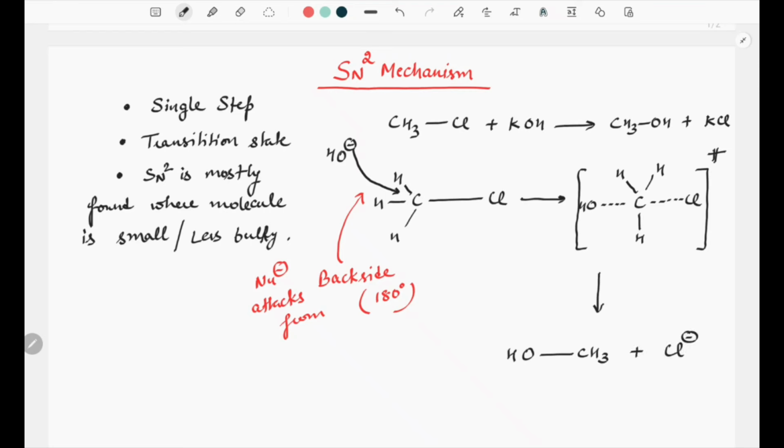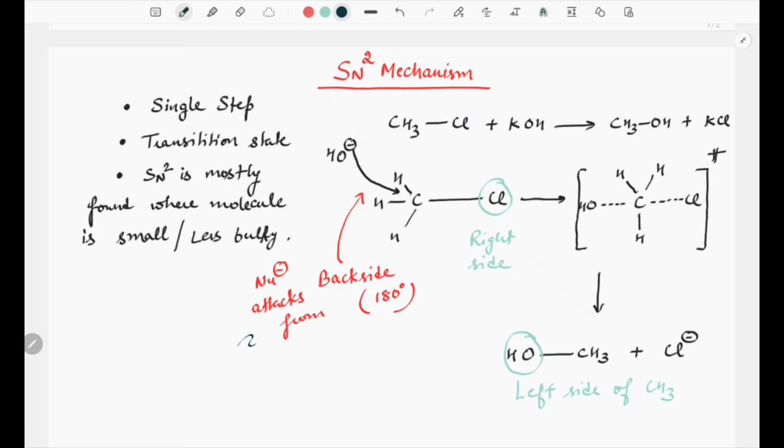Now one thing you can note is, now OH and Cl are placed on opposite sides. Cl is on the right side of the reactant, whereas in case of methanol the OH group is at the left side of CH3 in the representation.